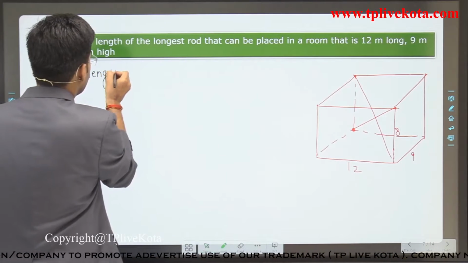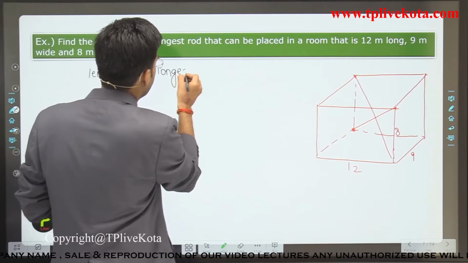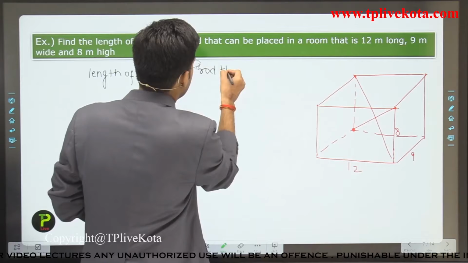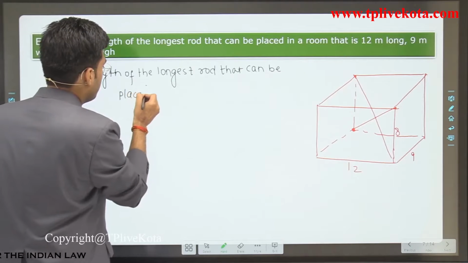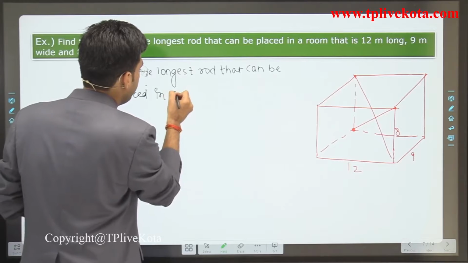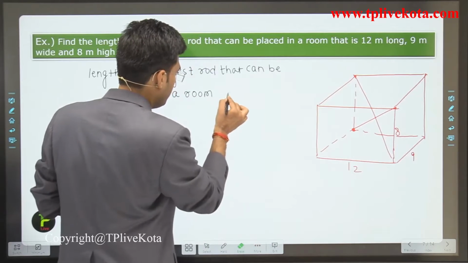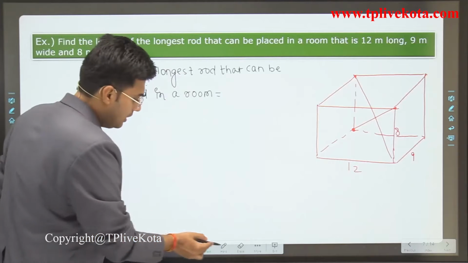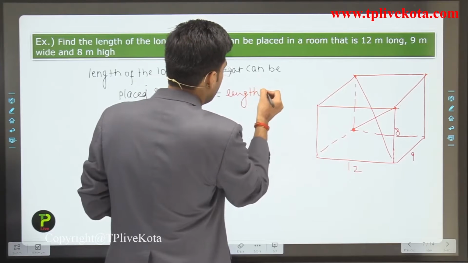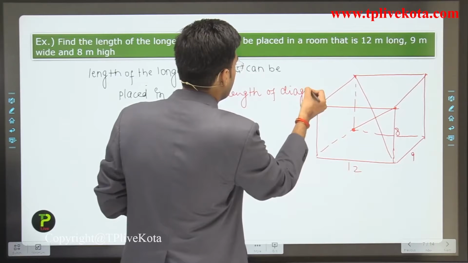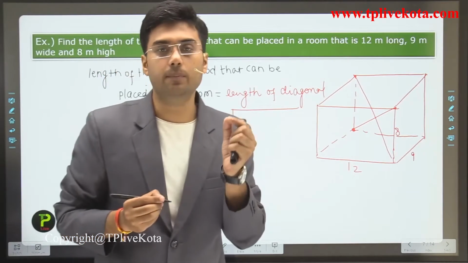So now we can say that the length of the longest rod that can be placed in a room is equal to the length of the diagonal, and the length of the diagonal is equal to under root L square plus B square plus H square.